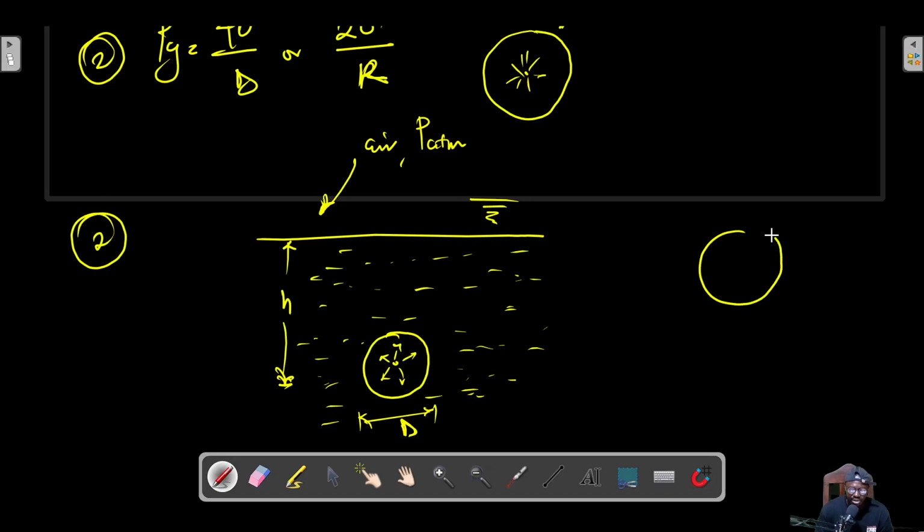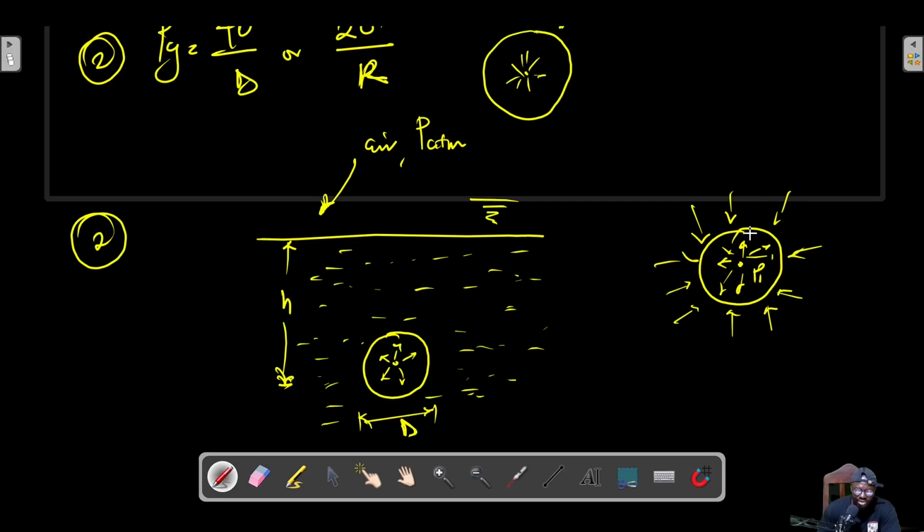So this is how the pressure distribution will be. P1 is the absolute pressure within our droplet filled with gas.